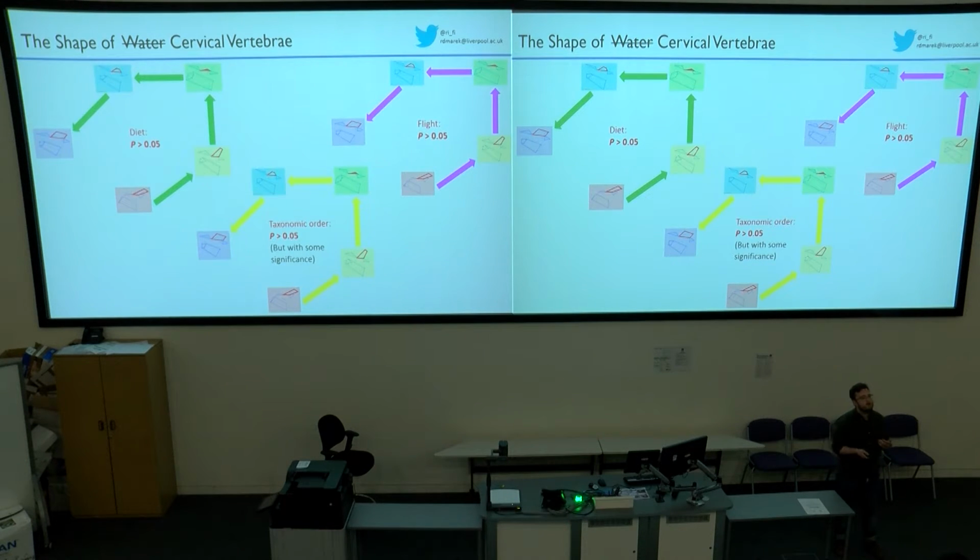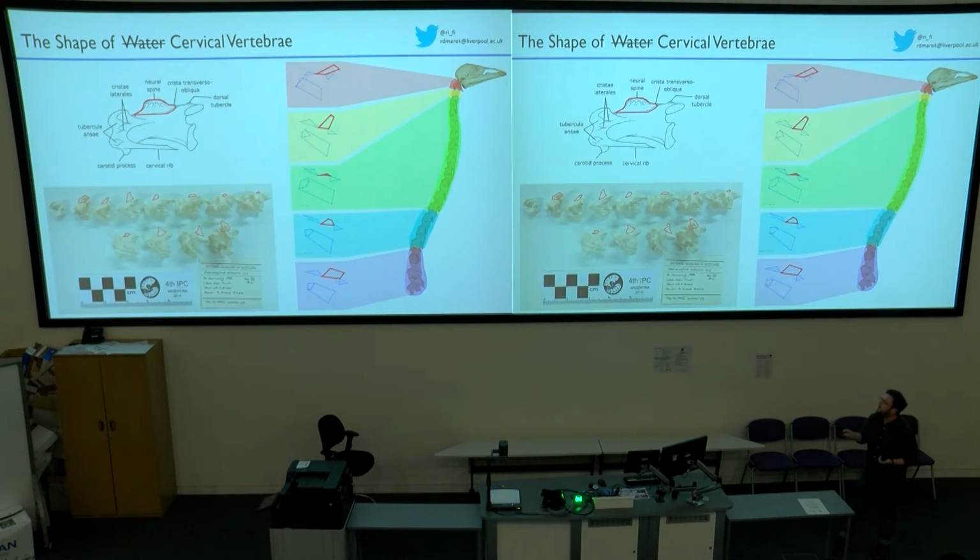For a long time, I was kind of low, thinking, oh, I've not got any statistically significant results, I'm never going to publish anywhere. But actually, that's not the case, because I went back to my original qualitative hypothesis and saw that the inkling I had about this general patterning of shape change throughout the avian neck might well be true.